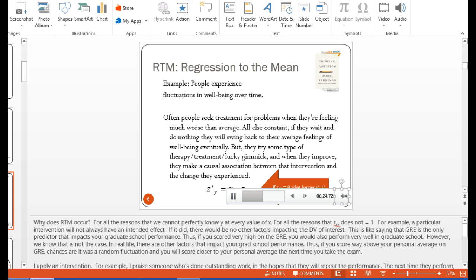Similarly, let's say we have a punishment situation where I'm a parent and my child behaves terribly compared to his personal average. So he behaves extremely poorly, and so I punish him in some way. And parents sometimes obviously punish very harshly.